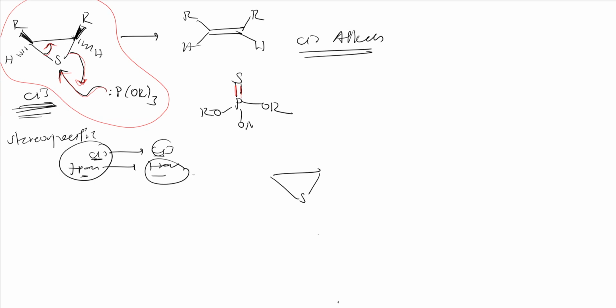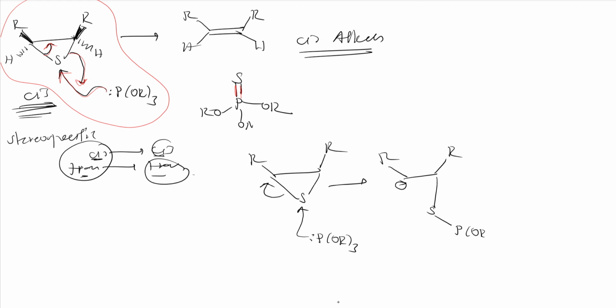See here, which I am showing now. So as soon as it donates electron density, sulfur gets negative charge. So it will give its electron density to this carbon. Other things you keep as it is, R here, right? So what happens here, carbon gets negative charge, R gets R, and here sulfur gets neutral now, and phosphorus, as it has donated lone pair, gets positive charge.